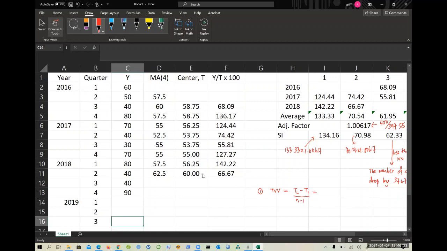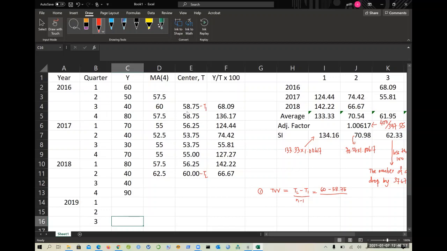So this one adalah dia punya TL. Yang ni adalah dia punya first trend value. So this is T1. So in this case, you have TL is 60 minus T1 is 58.75 and then divide by N minus 1.